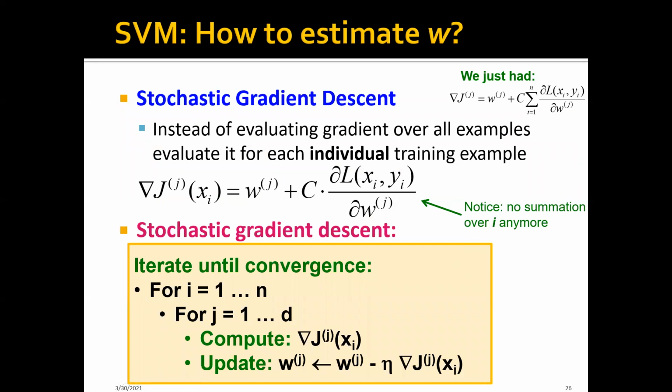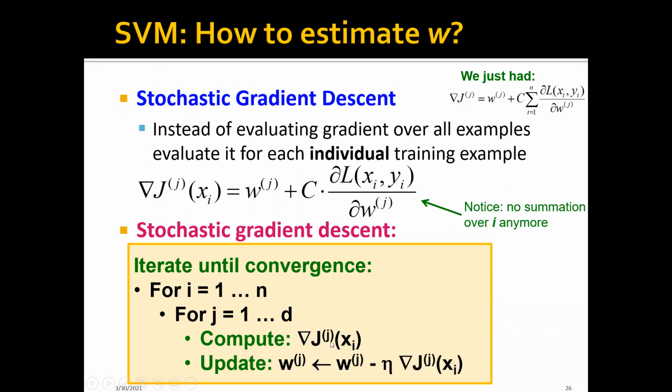In terms of implementation, this algorithm will become a double for loop. We'll iterate the following steps until convergence. In each iteration, we go through all the data points and all the dimensions of W, and compute the gradient of the objective function with regard to this specific data point and this specific entry of W. Computing this is extremely fast.